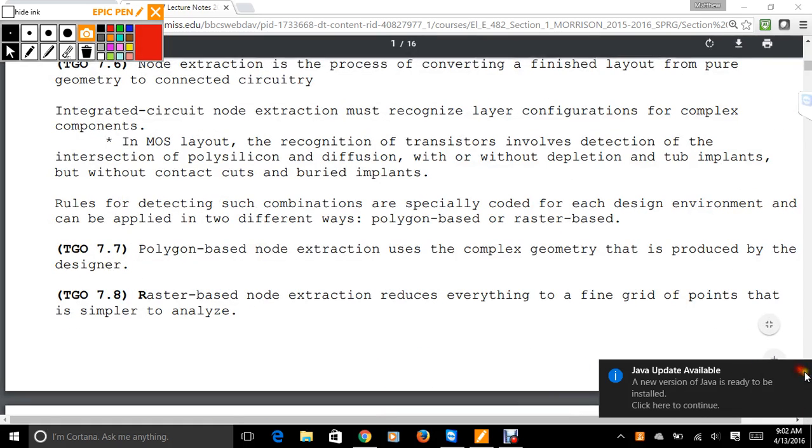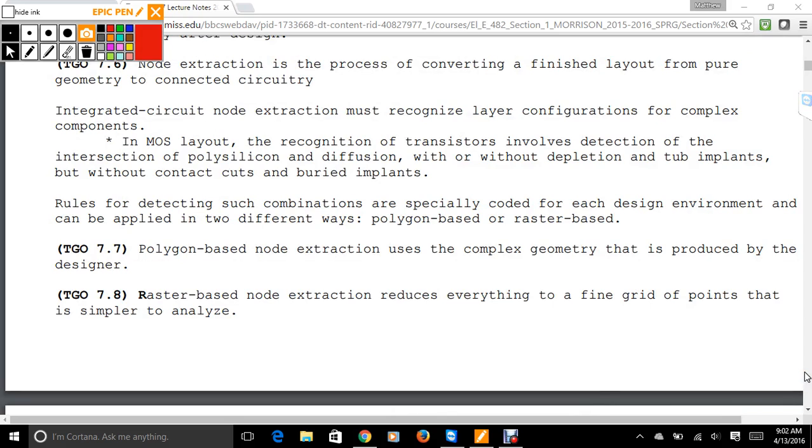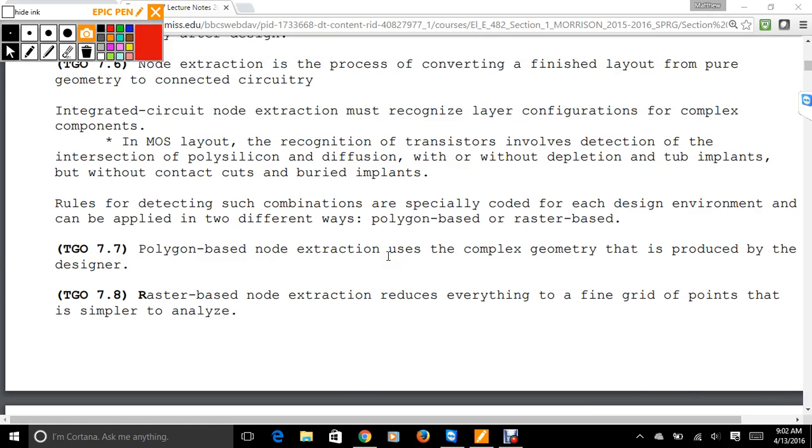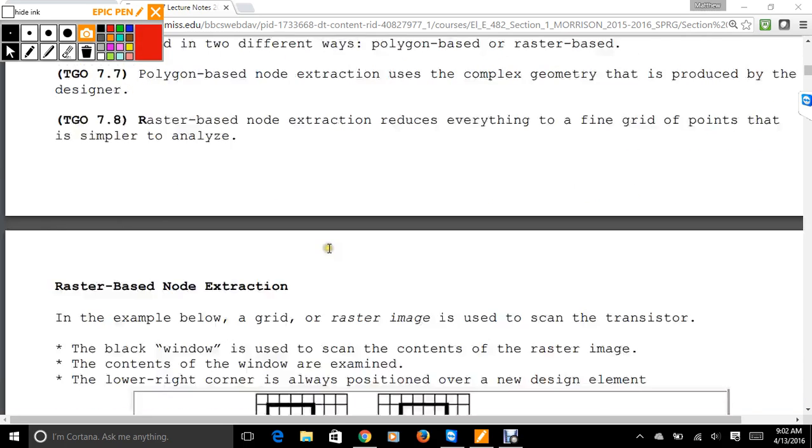Polygon-based node extraction is based on the sizing, and with raster-based node extraction, you kind of want to take, when you had all those plot points and dots on the graph, and you're doing your NAND gate and laying it out, and you want it to be a specific size, you're doing raster-based node extraction.